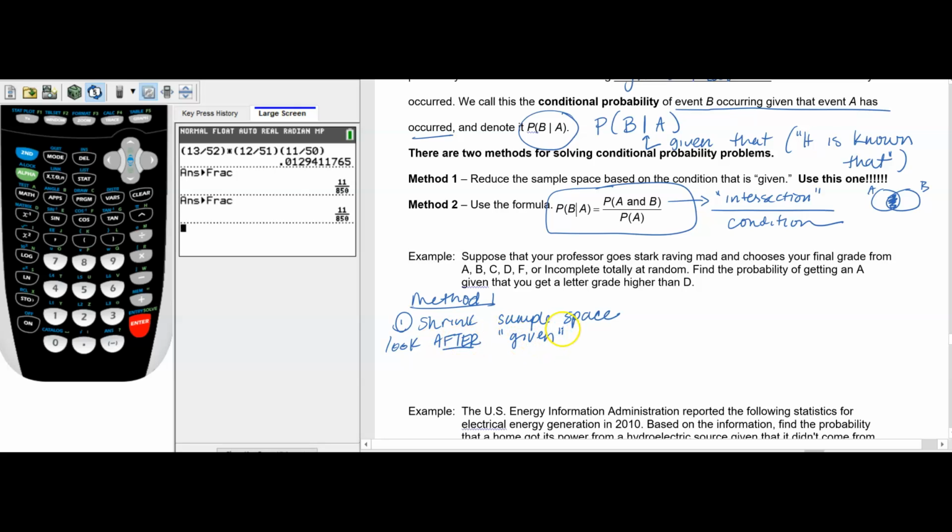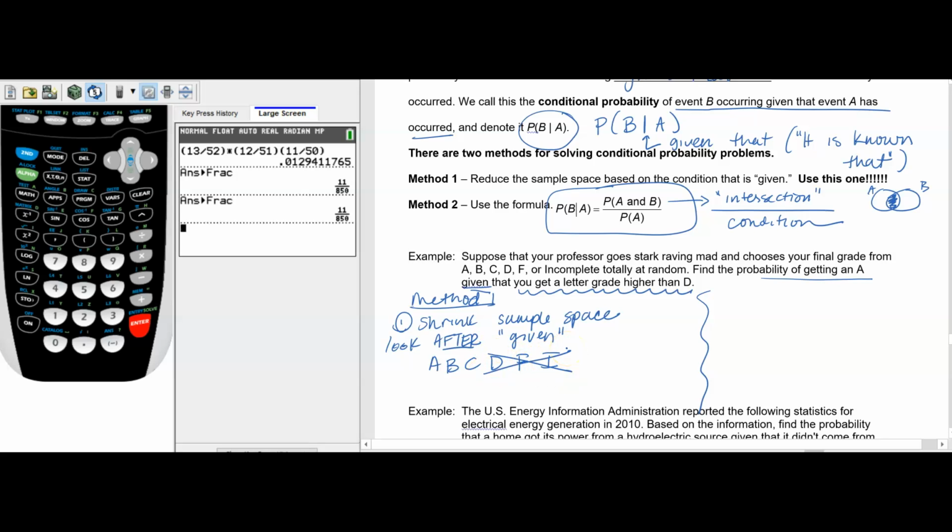So let's read the question. So what's the probability of getting an A given that you get a letter grade higher than a D? Okay, so if our original choices are A, B, C, D, and F, or incomplete, those are our grade choices. This says given that you get a letter grade higher than D. That means you absolutely know that you get a letter grade higher than D. Then I'm going to cross off D, F, and I because those aren't even possible.